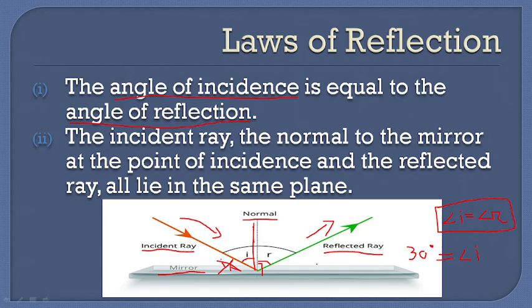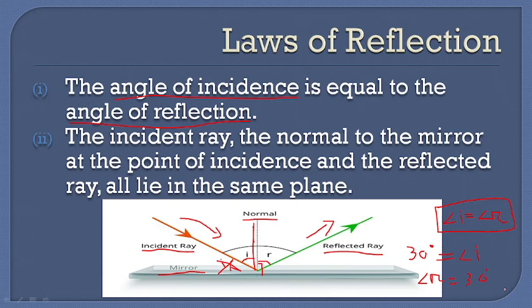At what angle does the light ray get reflected? As we know, the angle of incidence is equal to the angle of reflection, so the angle of reflection will also be 30 degrees. This is the first law.